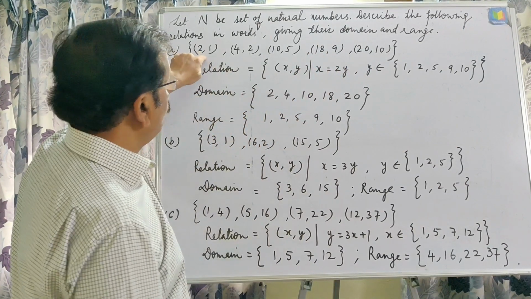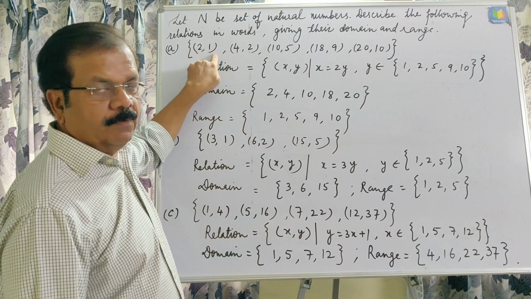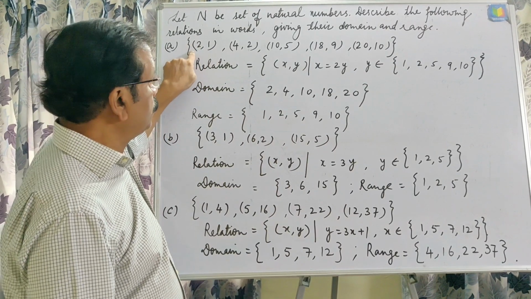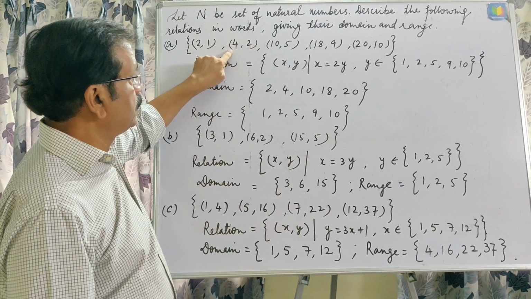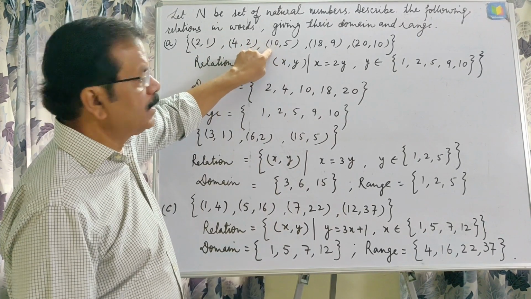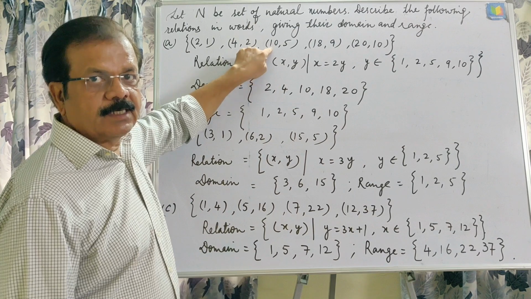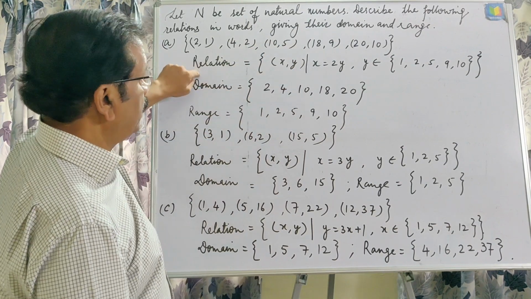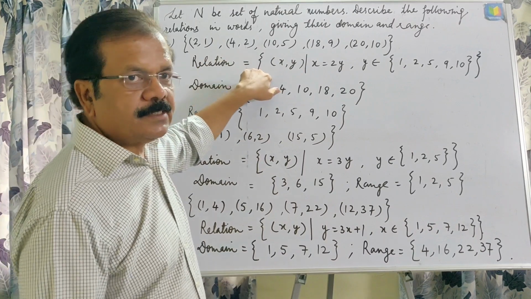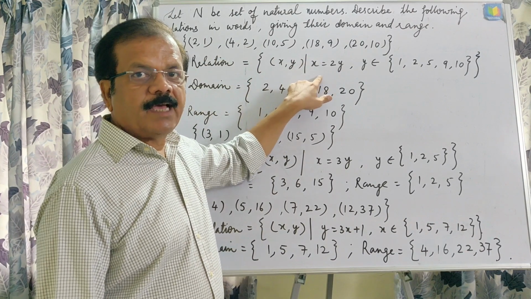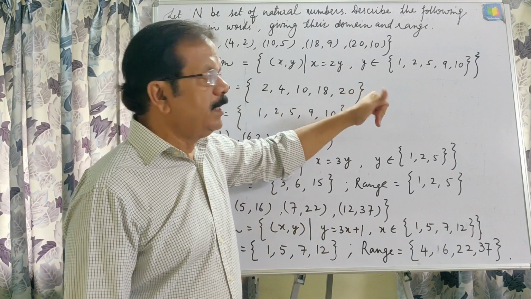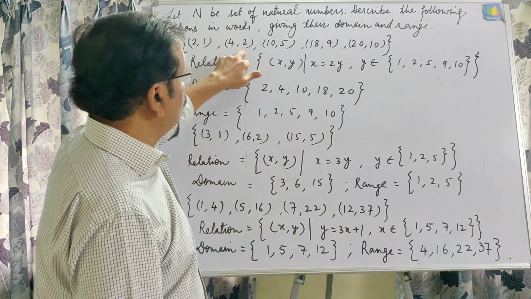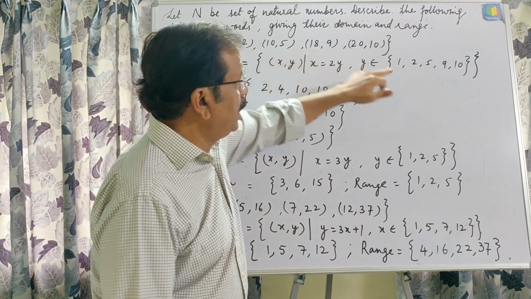Okay, now (2, 1), you can see this is 1 multiplied by 2, this is 2, 2 multiplied by 4 is this. All these first elements are just twice the second element, and this way the relation is (x, y) such that the first element x is equal to 2y, where y is an element of 1, 2, 5, 9 and 10.